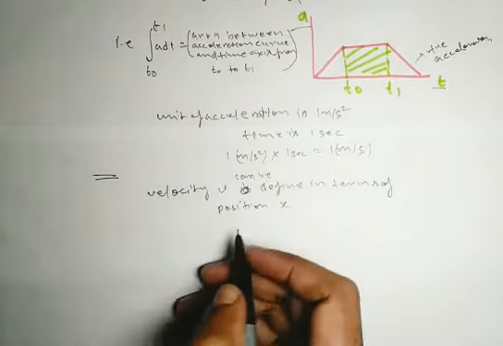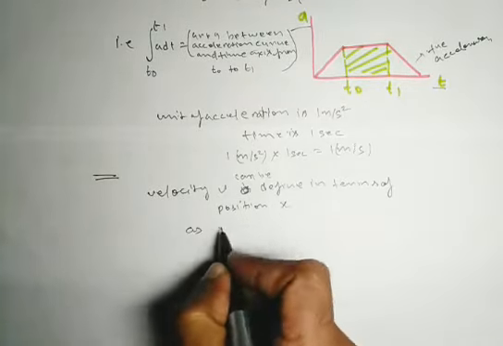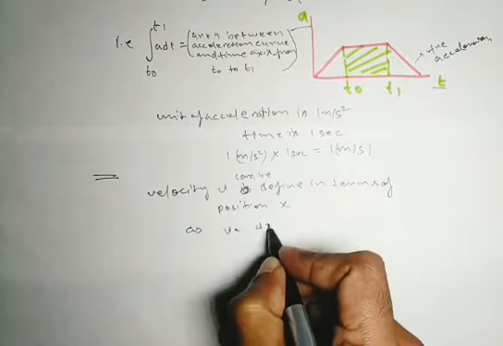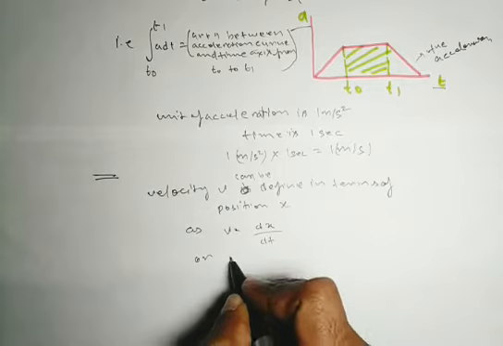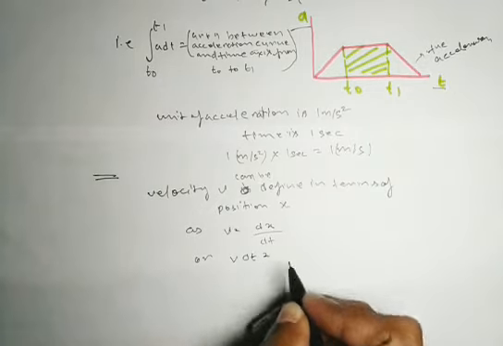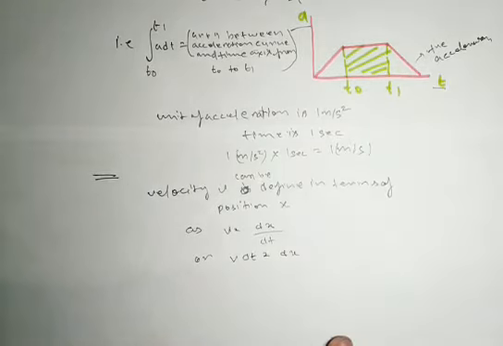So we can write it as v equal to dx upon dt, or v dt equal to dx.